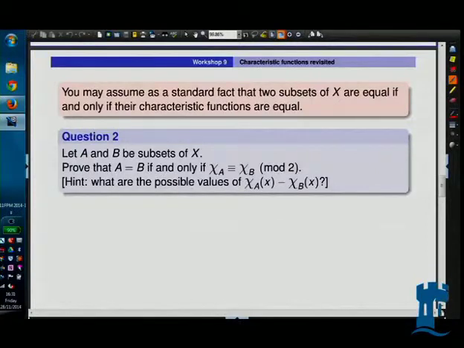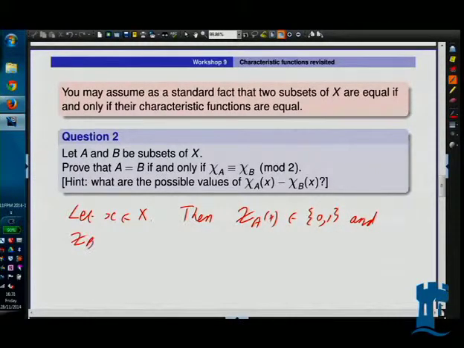Okay, so let's say we take an x in X, if there are any. Then chi_A of x is 0 or 1, and chi_B of x is 0 or 1.